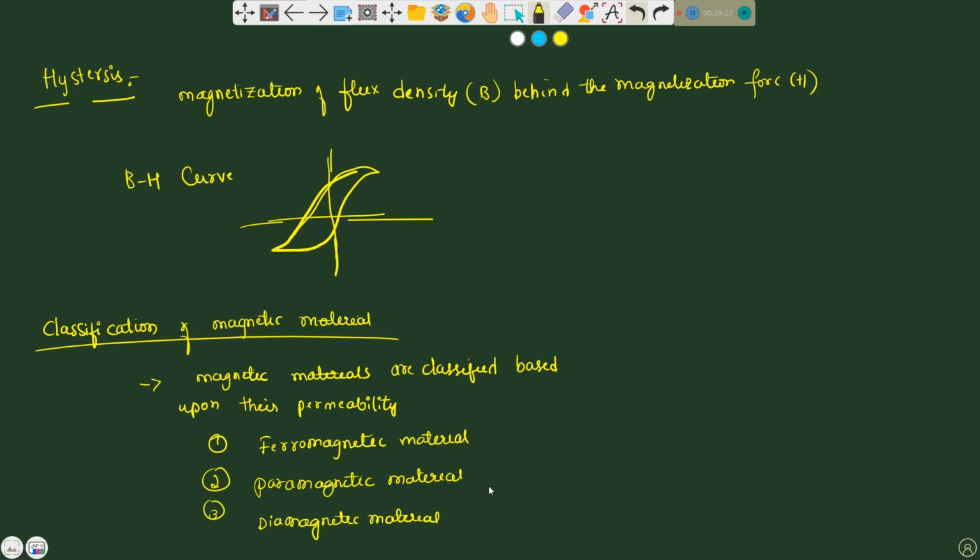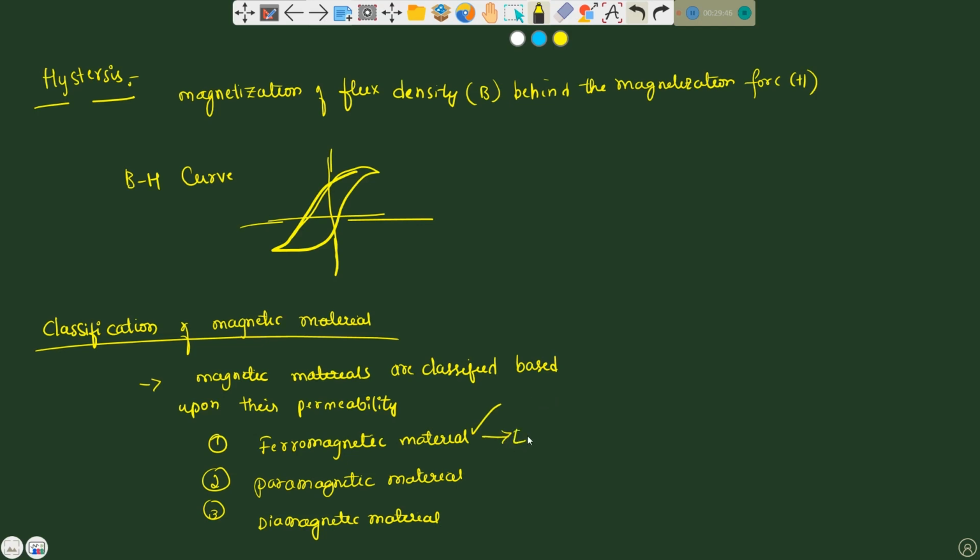Okay, what are the differences between ferromagnetic material, paramagnetic material and diamagnetic material? See, if we talk about the ferromagnetic material, these are the materials which get magnetized in the same direction of the field and remain magnetized even after the removal of the field.